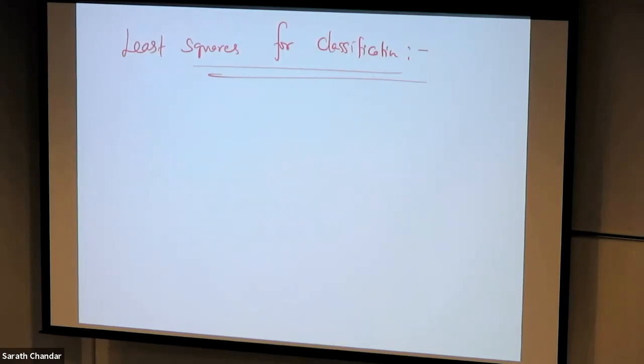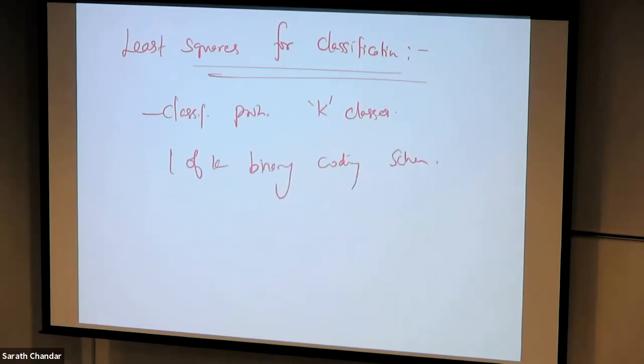So we are going to consider a classification problem where there are k classes, and I'm going to use a 1-of-k binary coding scheme. Now we know that least squares is trying to approximate E of t given x.